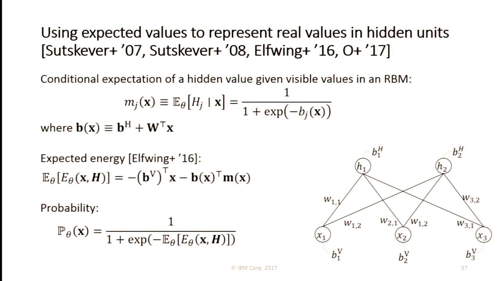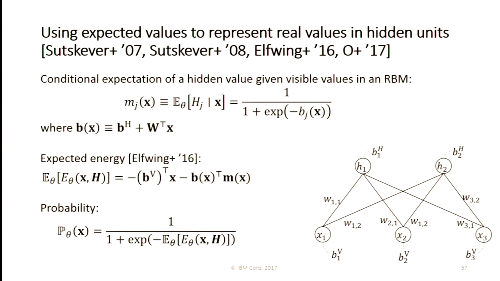We can define this conditional expectation of hidden values given visible values, and it can be represented like this when it has a restricted Boltzmann machine structure. So between hidden units, we have no connections.